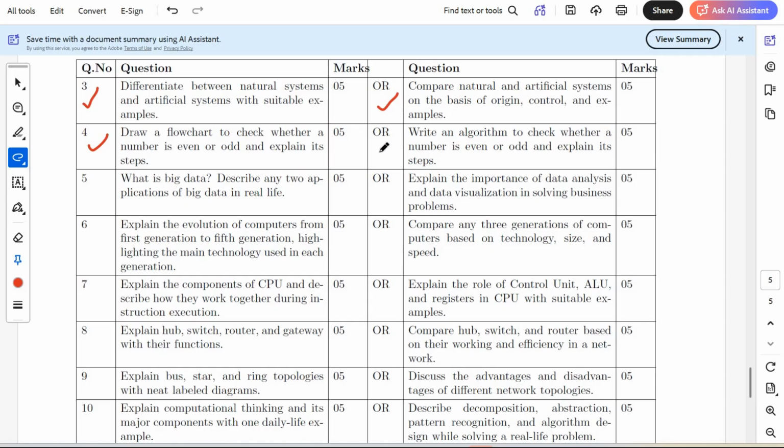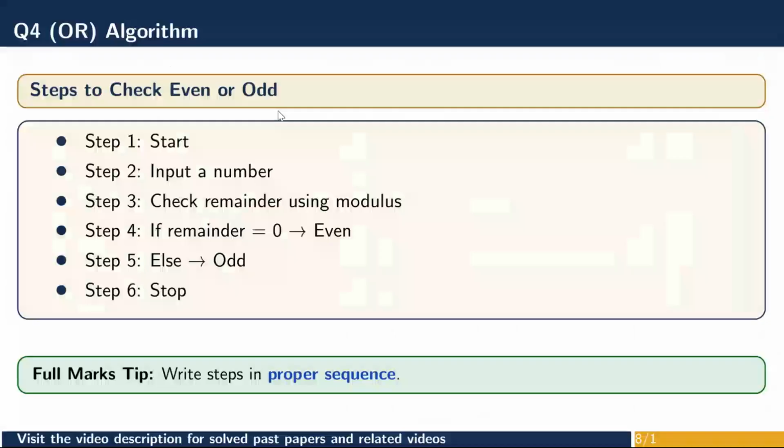Next, our question is: write an algorithm to check whether a number is even or odd and explain its steps. Steps to check whether number is even or odd. Step number 1, you will start with start.